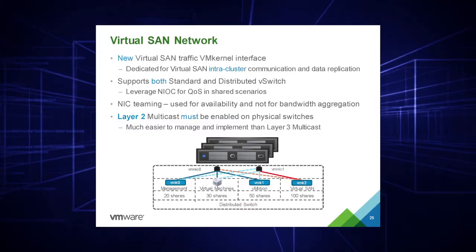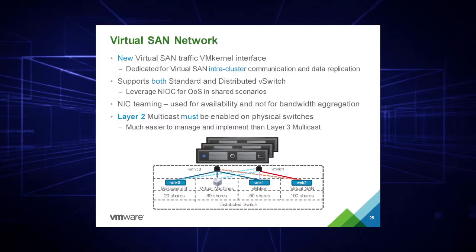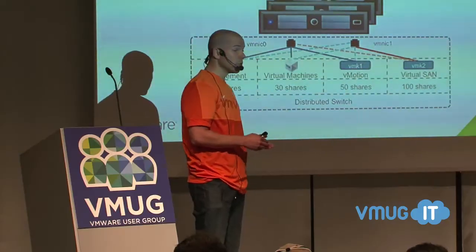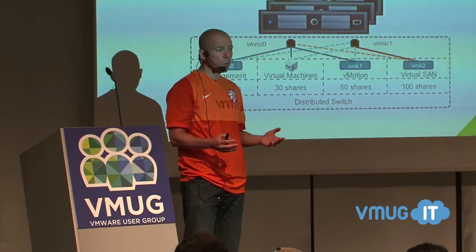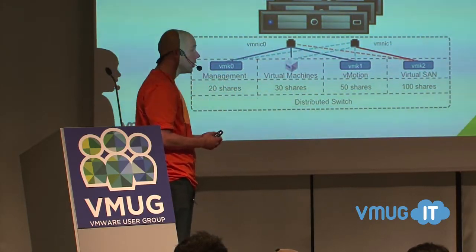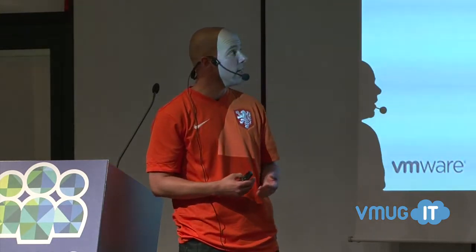And then thirdly, but not least important, is the virtual SAN network. The virtual SAN network is used by all of the virtual machines and the hosts to communicate to each other. Right? So that's either storage I/O or the virtual SAN network informing the other node what the status of the nodes is, or for instance, where virtual machines are stored, where I/O is going from left to right.